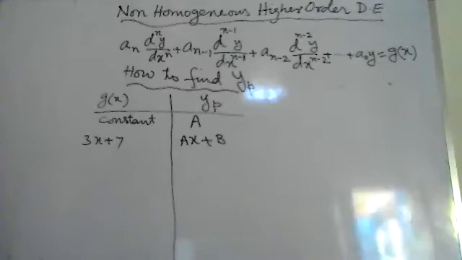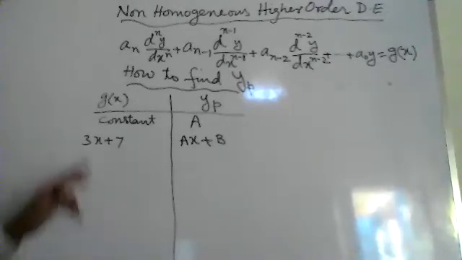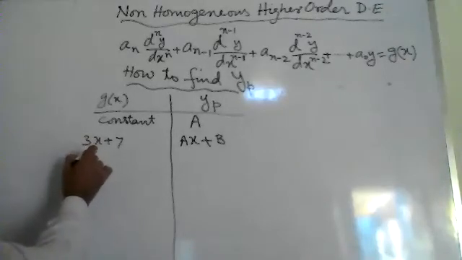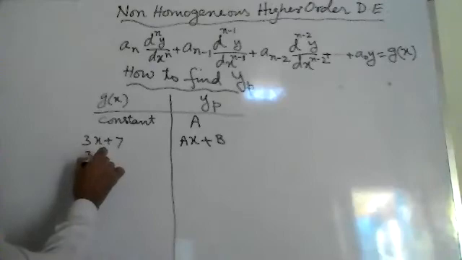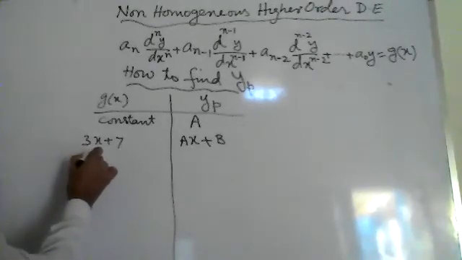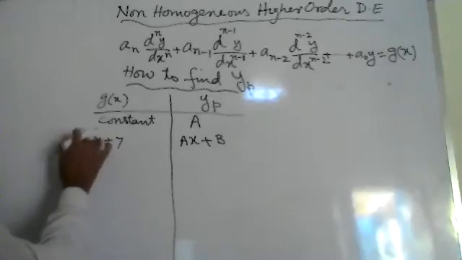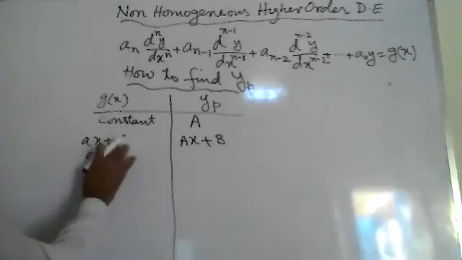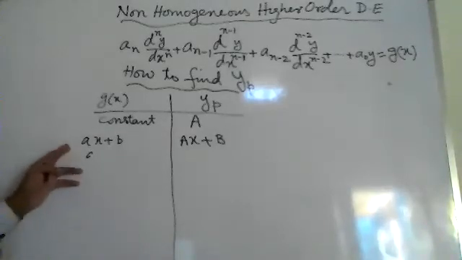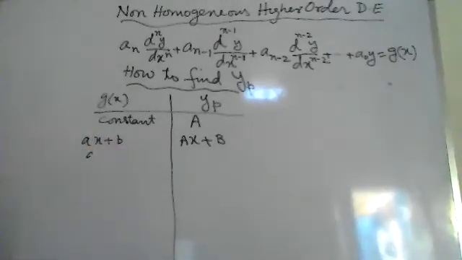If it is power x, it may be any constant a times x plus b. A means some constant, b is also another constant.